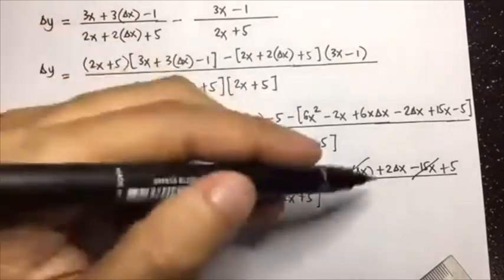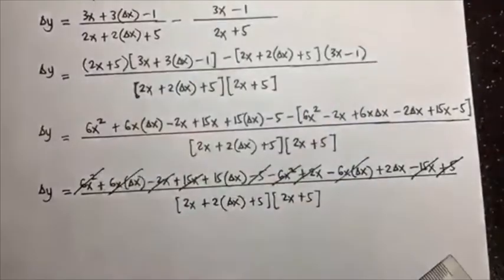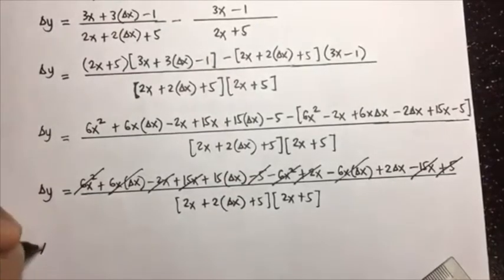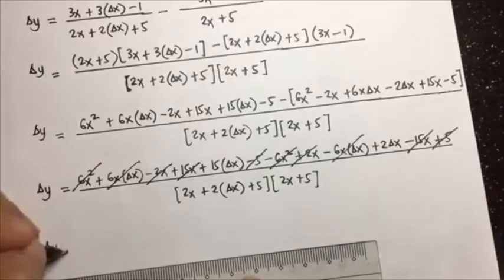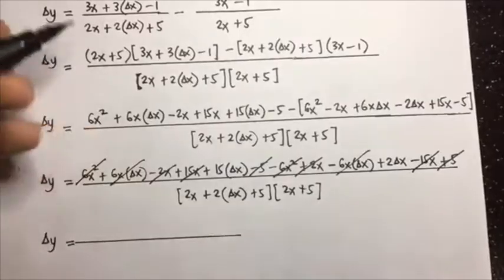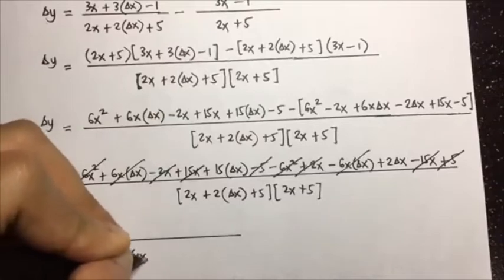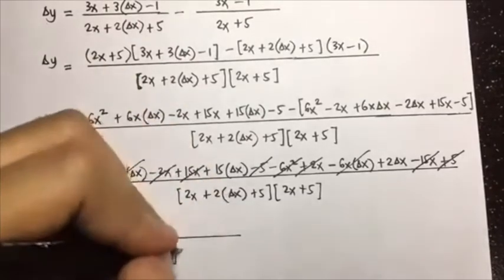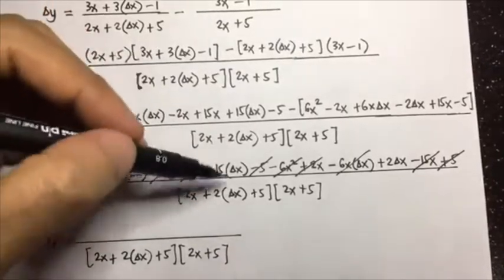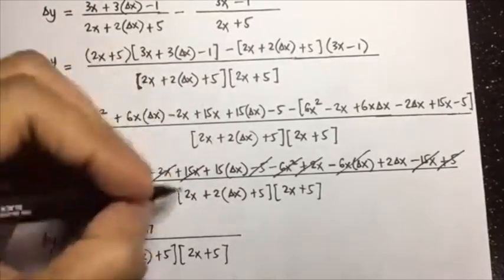We can add 15x and 2x, and then negative 5 and positive 5. Okay, so we have 15 delta x plus 2 delta x, so the delta y now is equal to, with denominator (2x plus 2 delta x plus 5) times (2x plus 5), the numerator, what will remain is 17 delta x.